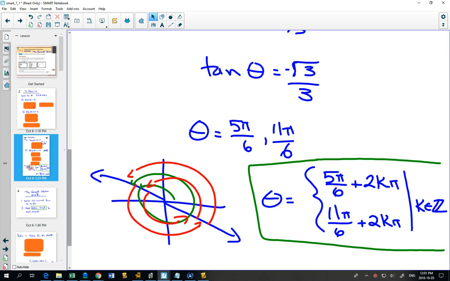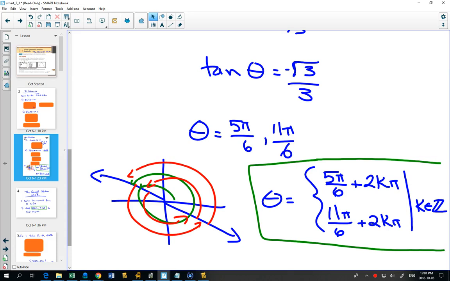Okay? Now, this same question sometimes comes up in multiple choice, and they say, if I look at these two angles, here's 5 pi over 6 in quadrant 2, here's 11 pi over 6 in quadrant 4. If I start at 5 pi over 6 and add 2 pi, that would get all the way around and get back to where I started from.